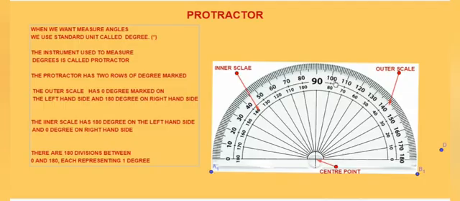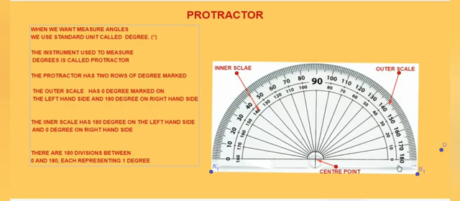Next, protractor. You can see this instrument inside your geometrical box. So, what is its use? It is used to measure angles. When we want to measure angles, we use a standard unit called degree.